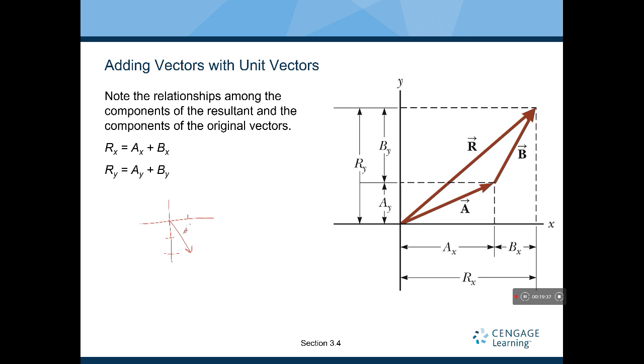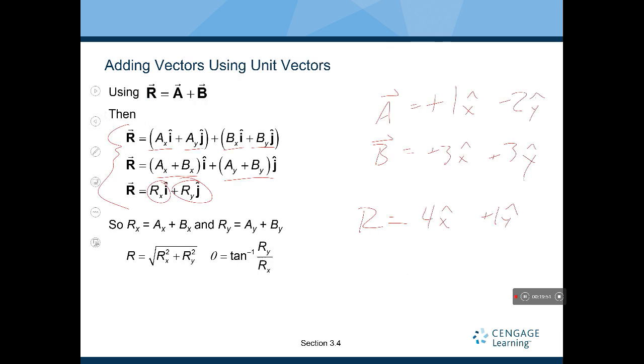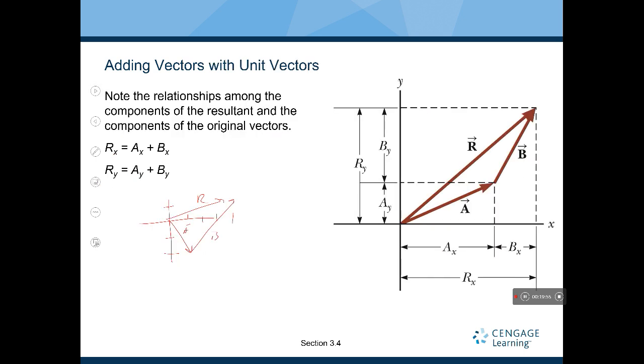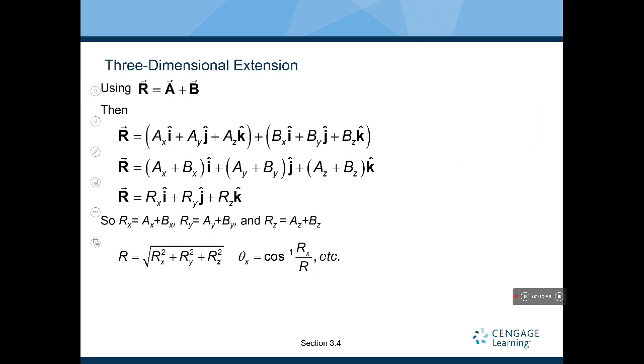I called that A, and then 3 and 3, there was my second one. So what is R is all that's happening. You did 1 and negative 2, and 3 and 3, and you ended up with a total of 4x, 1y. Yes? All right. Moving on.